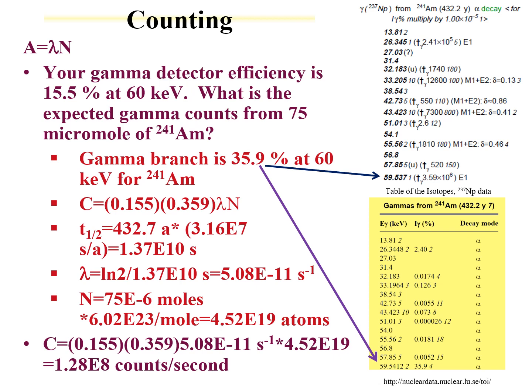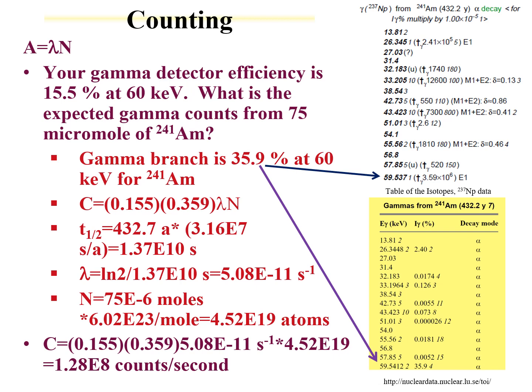The gamma efficiency data shown here is from the table of the isotopes and the Lund University site. These data sets include information not only on gamma decay, but other decay routes, and we will describe these data sets in more detail later in the course.